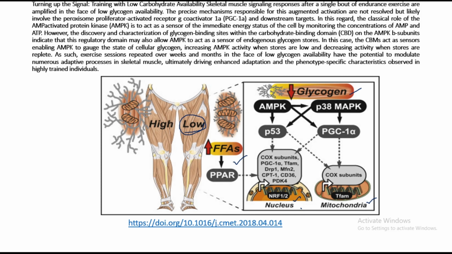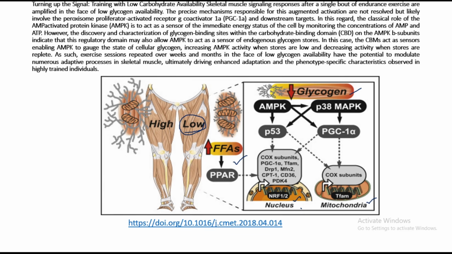That means it increases the time to fatigue, which is otherwise called exercise exhaustion time. So it increases the exercise exhaustion time and promotes mitochondrial biogenesis with regular training, specifically by enhancing the signaling response in the muscles.